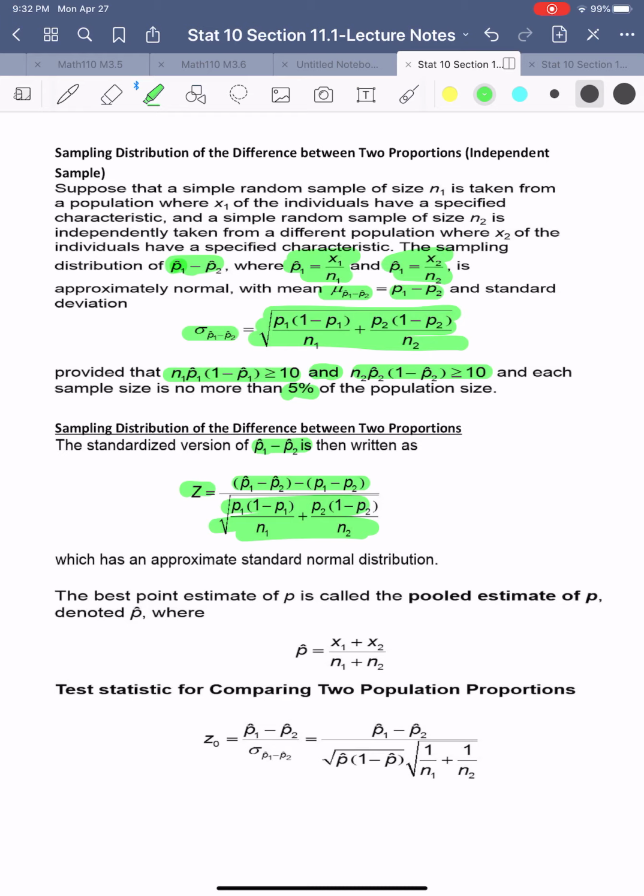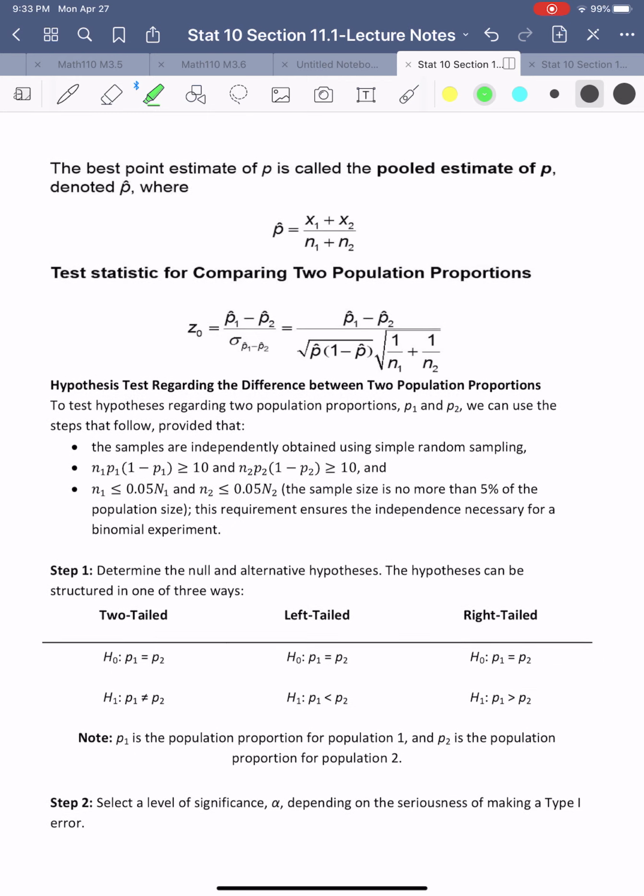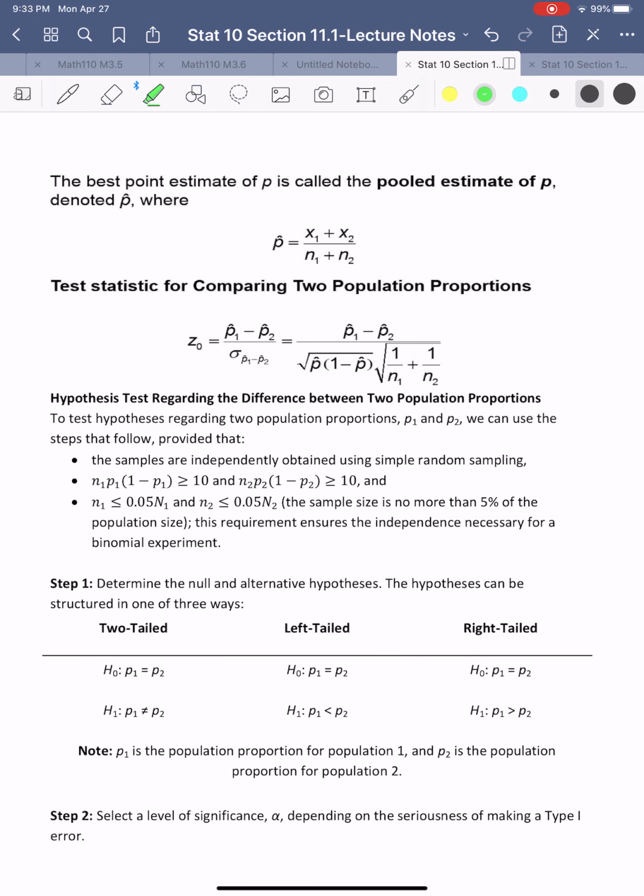The best point estimate of p is this, and the test statistic z sub 0 is of this form, which is the formula we are using. All right, let's go to the next page. The best point estimate of p is called the pooled estimate of p, denoted p hat, where p hat is this.